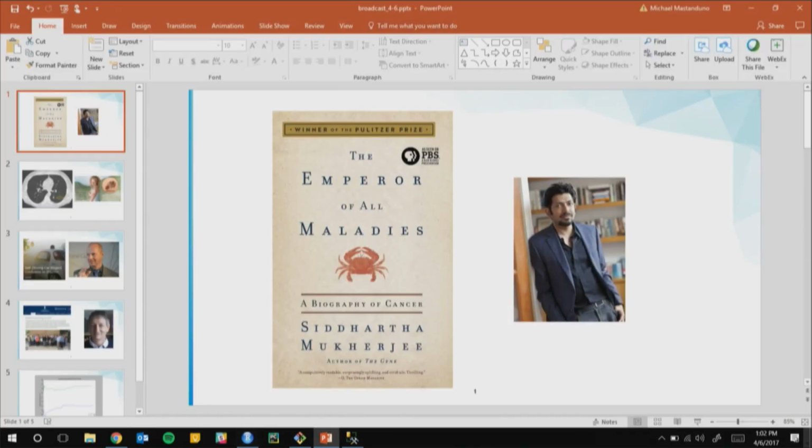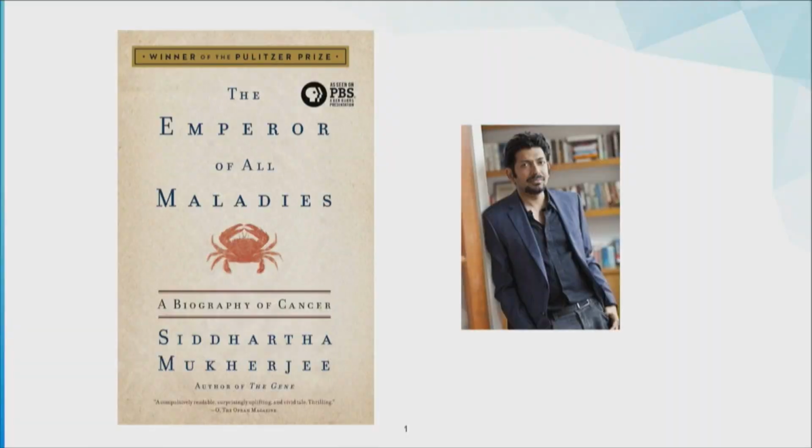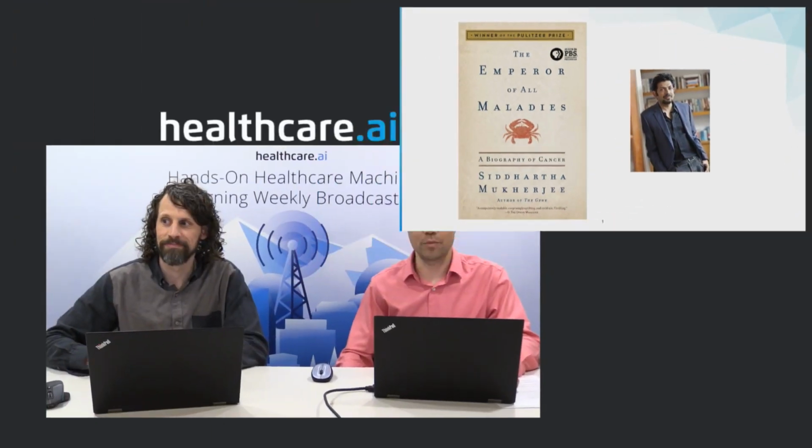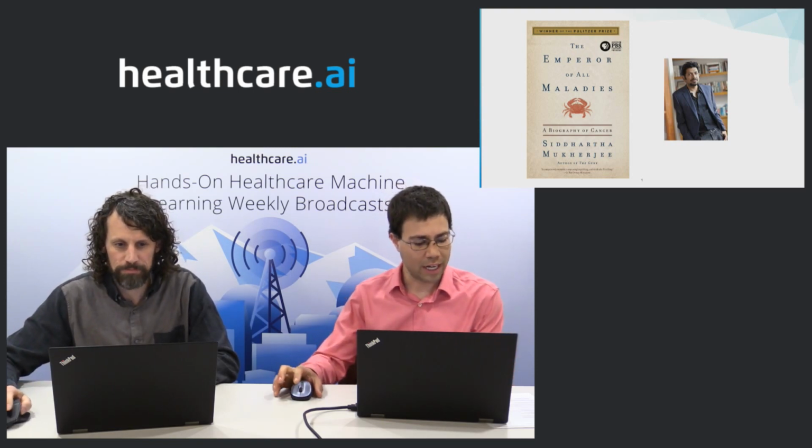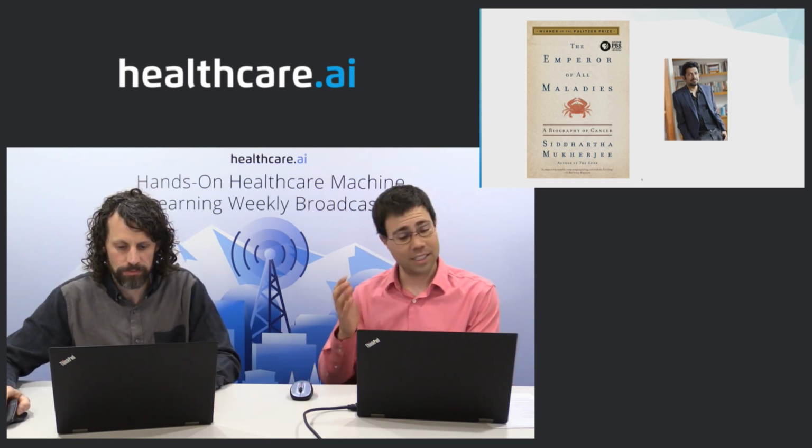Well, the author is one of my favorite writers, Siddhartha Mukherjee, and I probably just butchered his name, but it's a hard one. And he's known for writing a Pulitzer Prize-winning book on the history of cancer called The Emperor of All Maladies. He's a practicing physician, and he's a fantastic writer, so I was really excited to read this article about AI. And man, it did not disappoint.